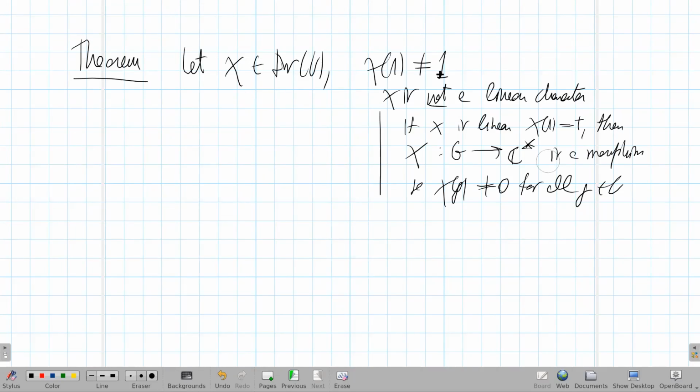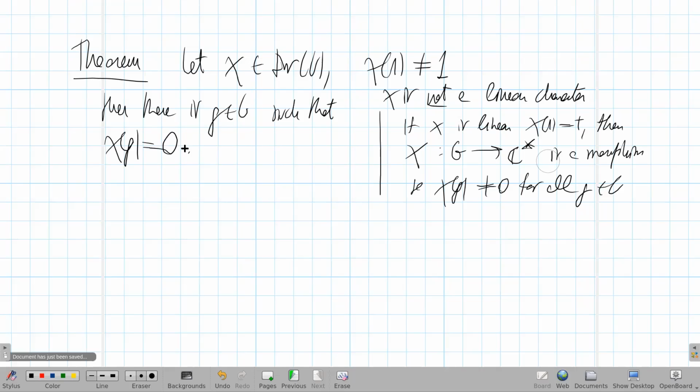But if chi is not linear, then there is g in G such that chi of g is equal to 0. We saw this happening, for instance, in S3. And now we can see that, no, just a second.